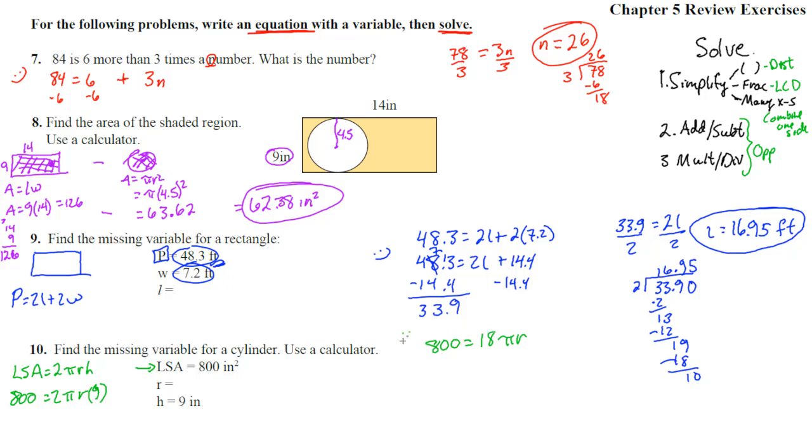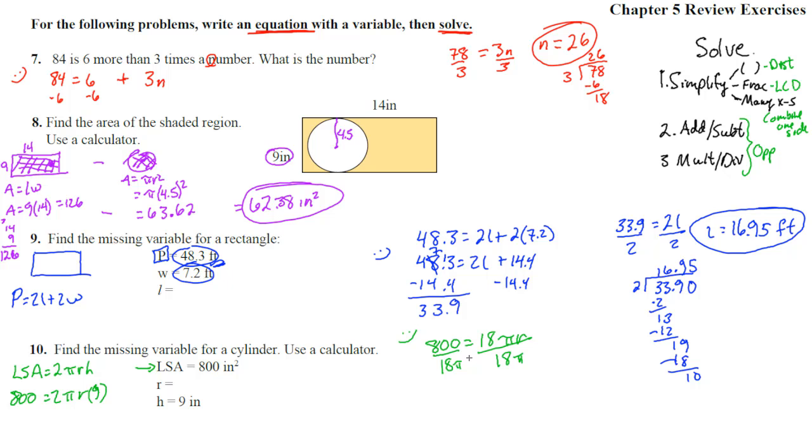Look at our equation. Notice we have simplified it as much as possible. There's nothing to add or subtract. We just have to divide by this 18 pi. Now, if you wanted to turn that into a number, that's fine. 800, we're going to use a calculator here, divided by 18 pi.